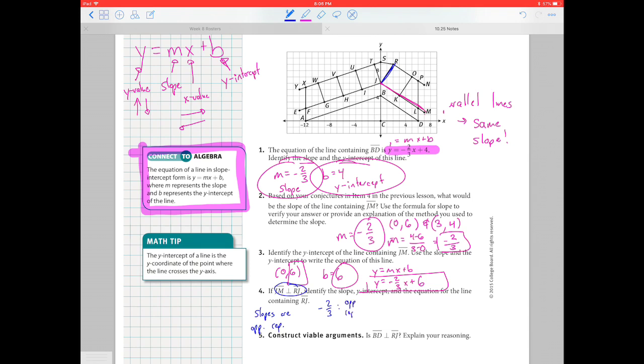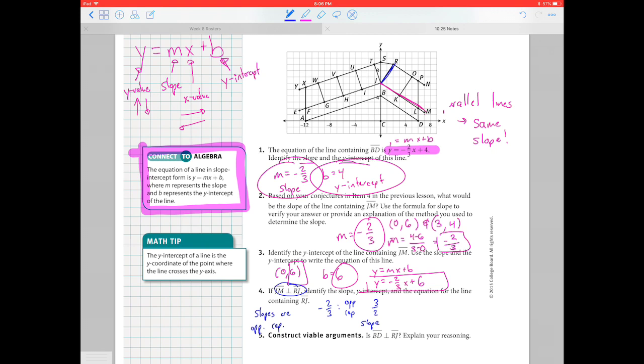So for the opposite reciprocal, we need to flip the fraction. So we get 3/2. It's already negative, so the opposite part would be to change the sign. So it's negative, we want to make it positive. Except in math, where it's not negative, we don't need to write the positive sign. So this is our slope.